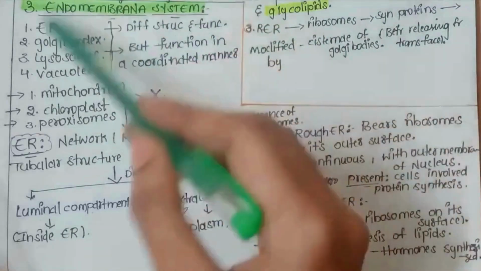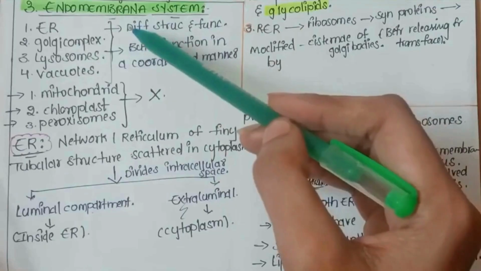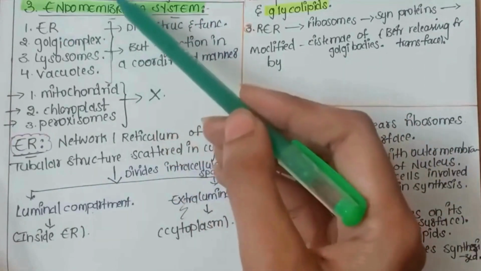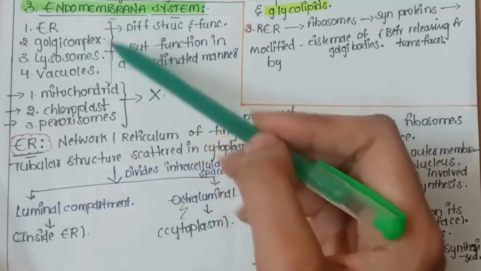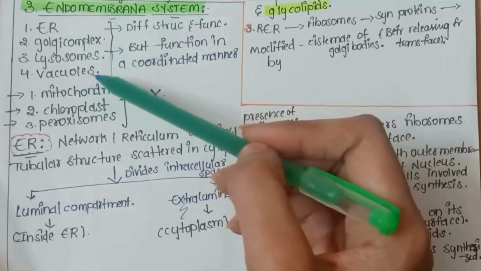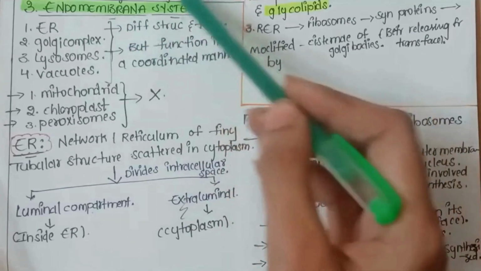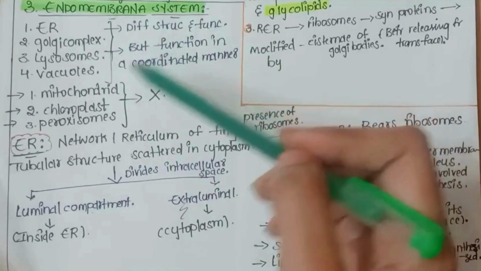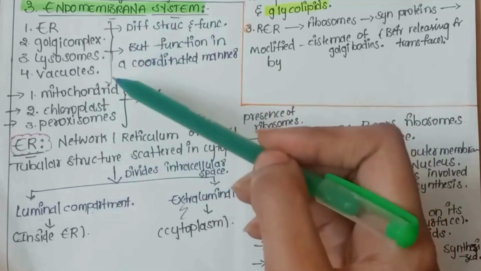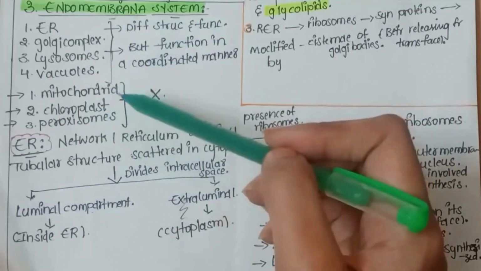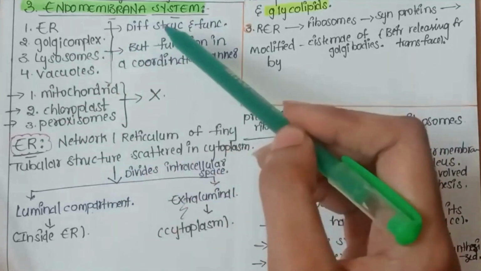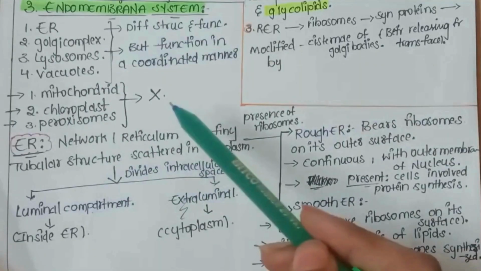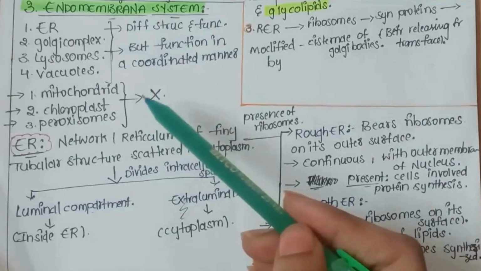The endomembrane system is composed of a group of membrane-bound organelles like the endoplasmic reticulum, Golgi complex, lysosomes and vacuoles, which are structurally different but function in a coordinated manner. The mitochondria, chloroplasts present in plants, and peroxisomes are not components of the endomembrane system, as they do not function in a coordinated manner.